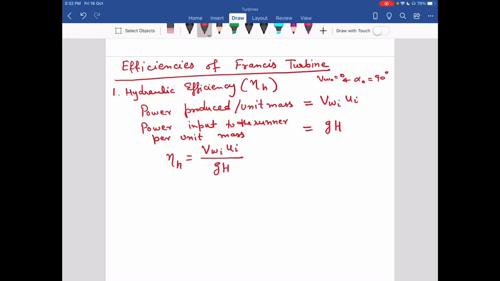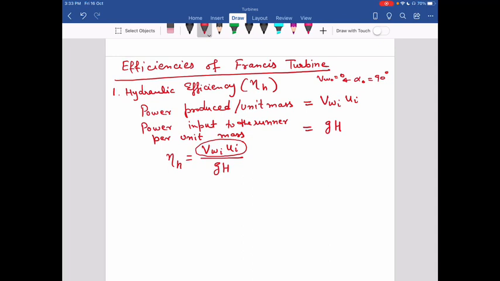Now we can also write this efficiency in another form. This power produced is equal to the amount of energy utilized within the runner, or you can say the amount of energy transferred from one form to another within the runner.